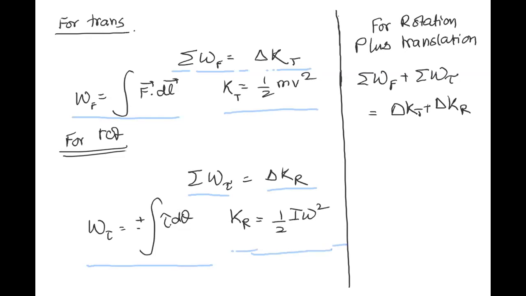So if you have an object which is executing both rotation and translation, then you simply add these two equations up. LHS becomes the summation of work done by forces plus the sum of work done by torque.